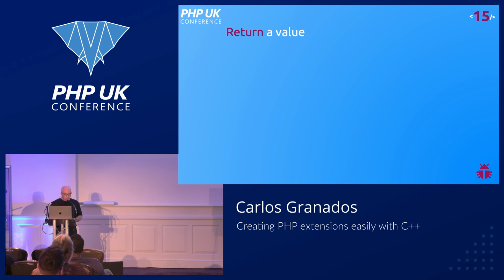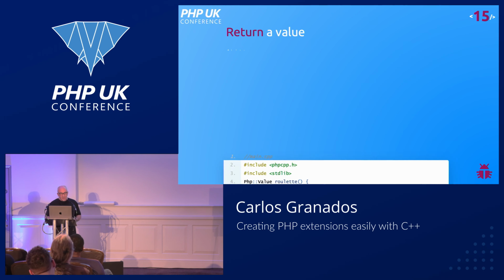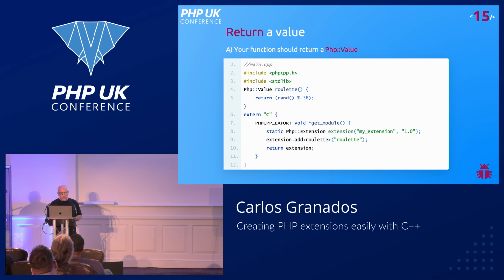Another thing that you may want to do is return a value, and not accept a value. So in this case, I've got a function that is going to return a value to PHP.